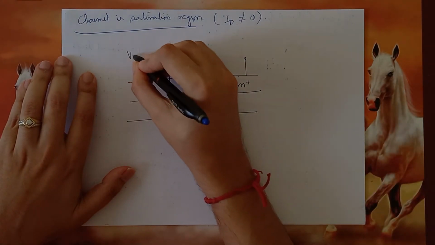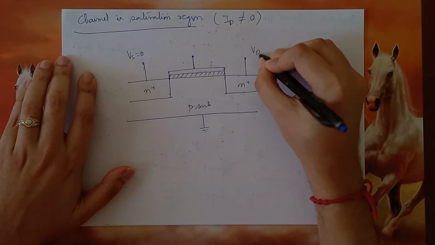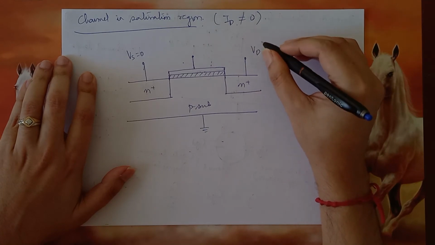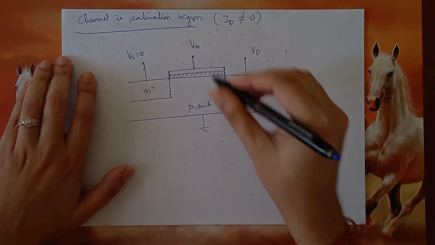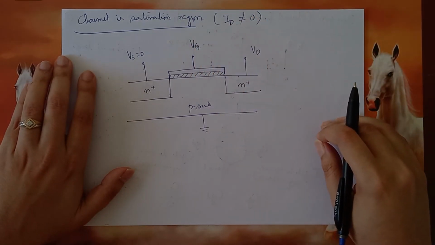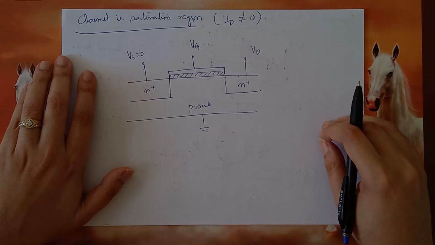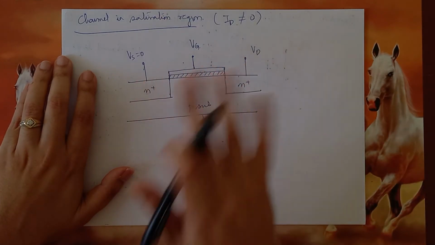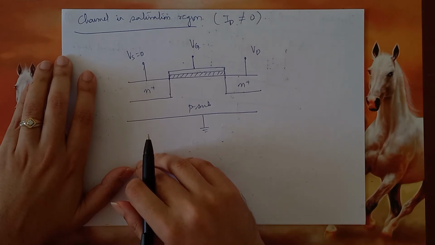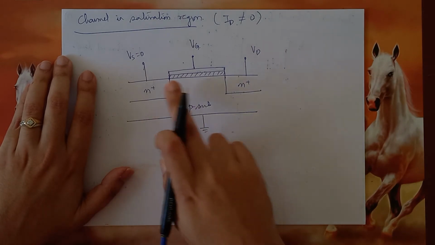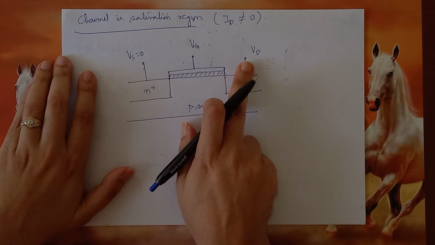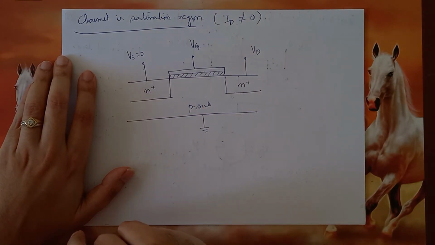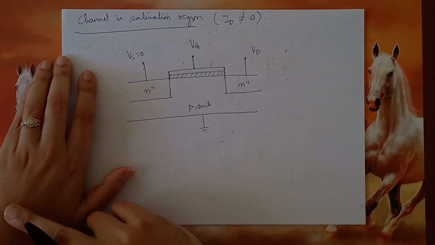Now let us suppose Vs is 0, Vd is some non-zero finite value, and obviously Vg is there. Now you see the situation is slightly asymmetrical. On one side, you have the source voltage is 0. And here you have the drain voltage, which is non-zero, and in the middle we have the gate voltage.